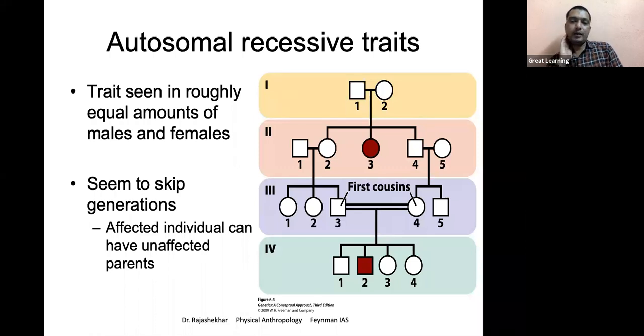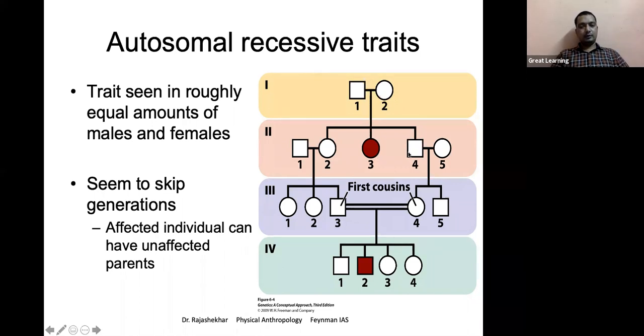Recessive. Why recessive? Because a recessive trait expresses itself only in the homozygous condition. To have the homozygous condition, two of those defective, mutation-containing chromosomes have to come together. That may not happen in every generation. If it is coming from another person who is also carrying the mutation, this person is affected.